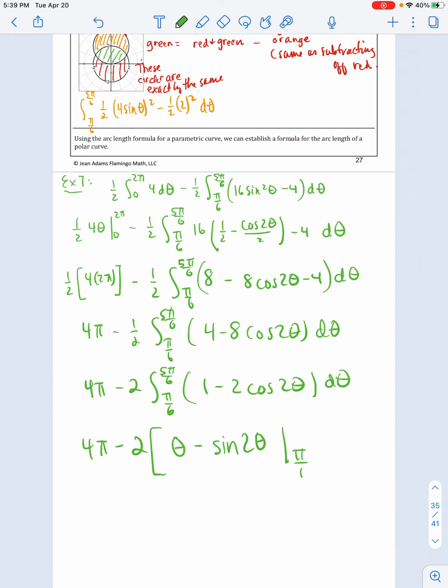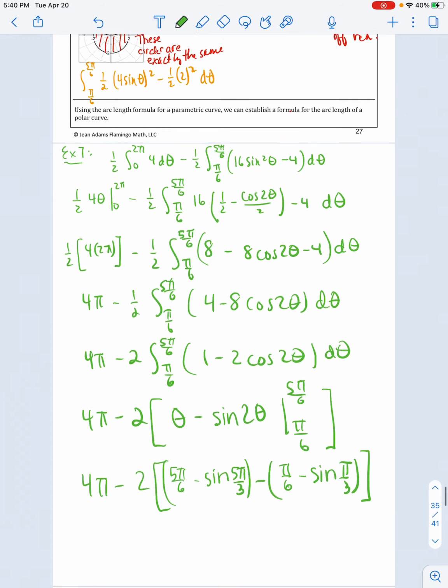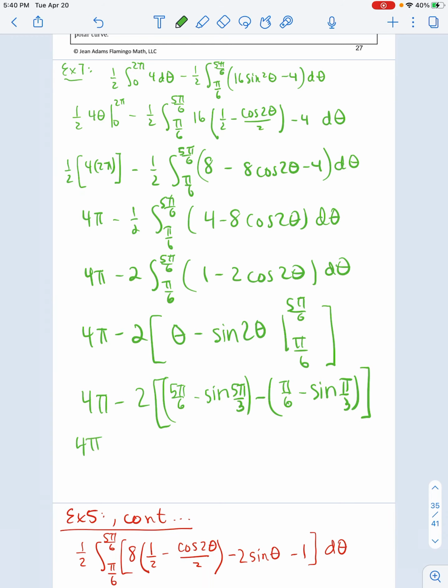So this is just going to become -1 sine 2 theta. Now we're going to calculate it at 5 pi over 6, giving me 5 pi over 3 here, minus, and then calculate it at pi over 6, which is going to give you pi over 3 there.